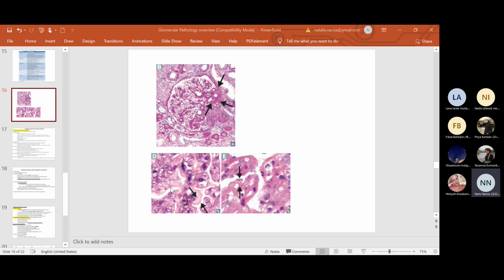And compared to minimal change disease, focal segmental glomerulosclerosis does not respond well to steroids, okay? It does not. So it usually can progress to chronic renal failure. Okay, so focal segmental glomerulosclerosis is quite a bad disease. All right. So how do you make the diagnosis?